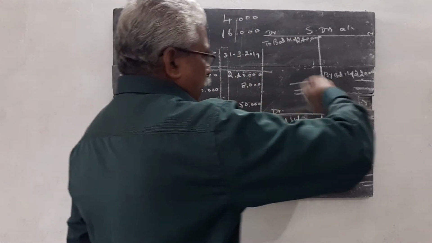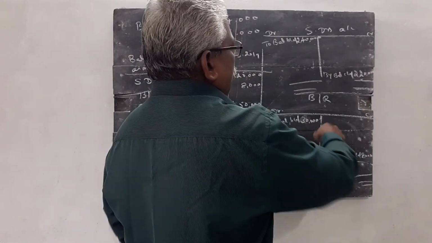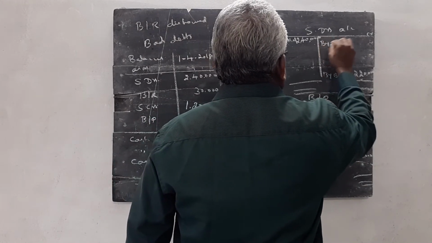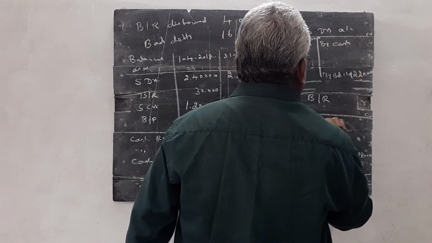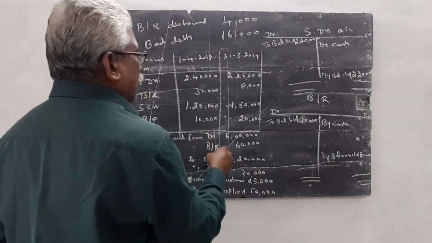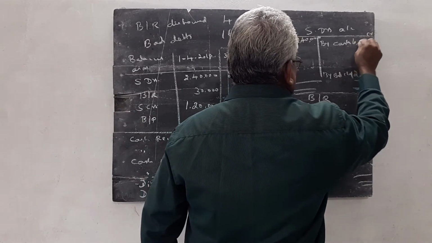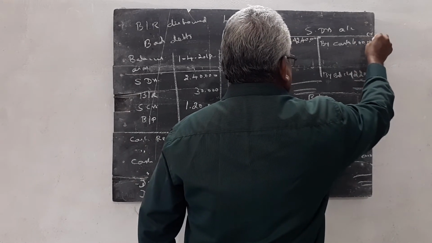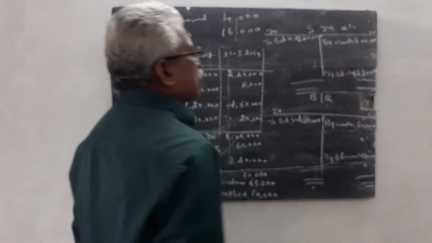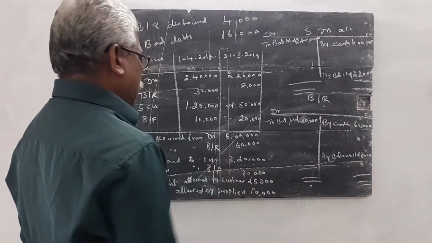Then all the remaining items come on the credit side except bills receivable dishonored. Then by cash: cash received from debtors 6 lakhs, cash received against bills receivable 60,000.